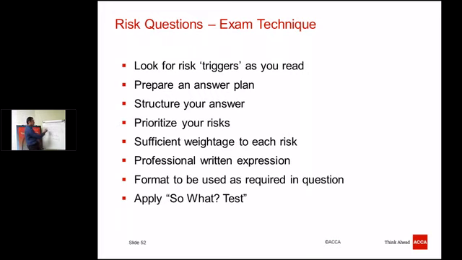But you may only be able to capture either half or 1 for the others. And this basically would mean perhaps less than 50%, which is not a good situation to have. So give equal weightage or sufficient weightage to each risk that you write.